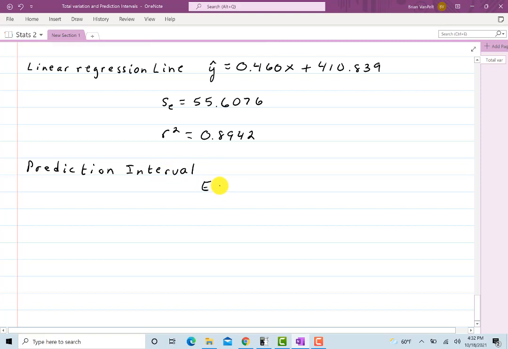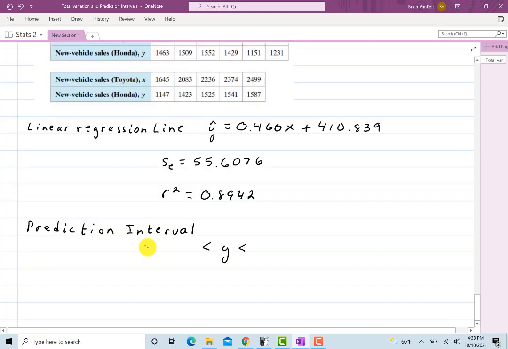E minus some amount. Well, actually, the way I put it was, there was our prediction interval. And it depended on what X we were talking about here.